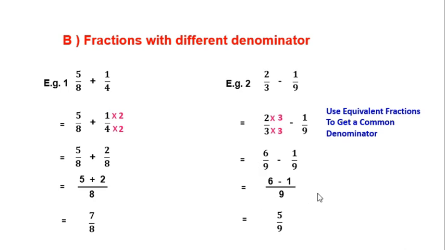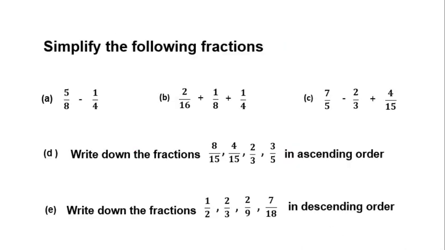Now we can do it very easily, and subtracting numerators we will get 5. This is 5/9. Again you can see a video clip on how to do these examples.